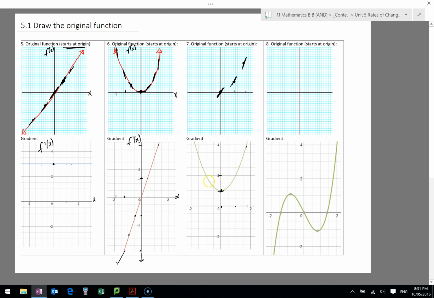Okay, extend over a little bit further, slope gets even more positive. Okay, so the line I would draw would look something like this for my original function, given my gradient.